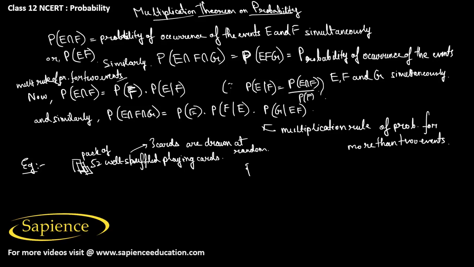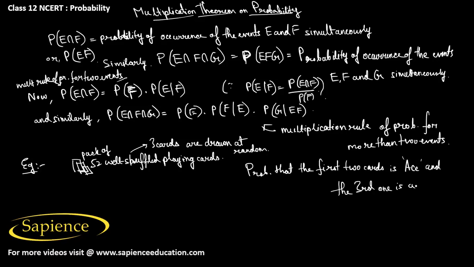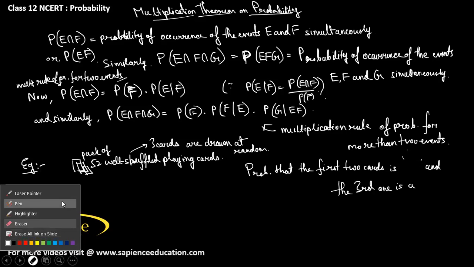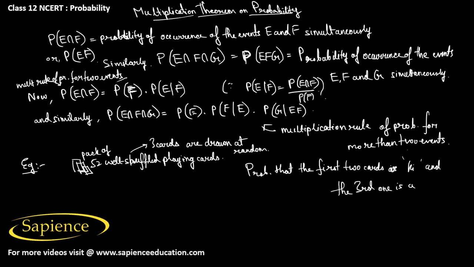So the first two cards are kings, and the third one is an ace.